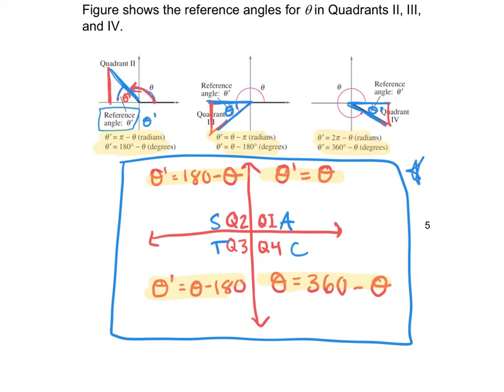So this is super important. This box helps you solve them. First thing you need to do is find what quadrant it's in, then you just plug it in. Depending on which quadrant it's in, you have 4 different formulas to use.